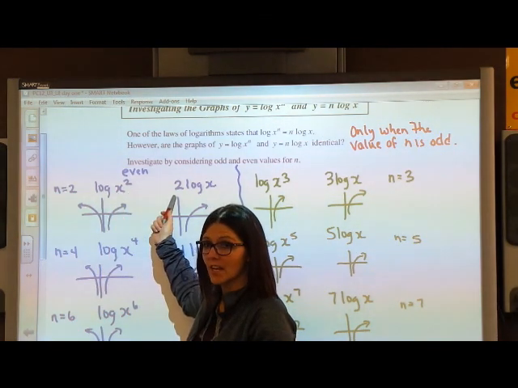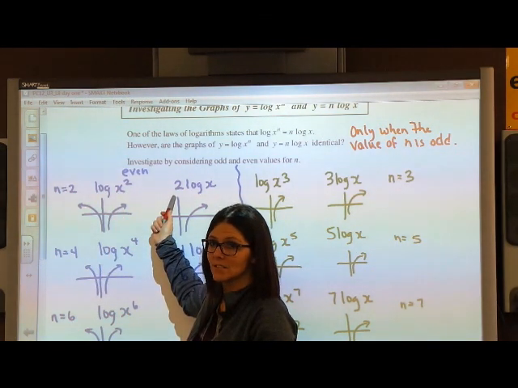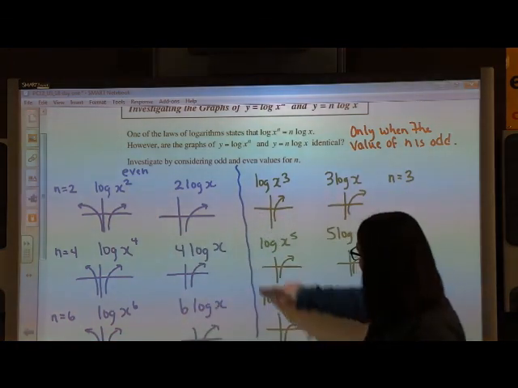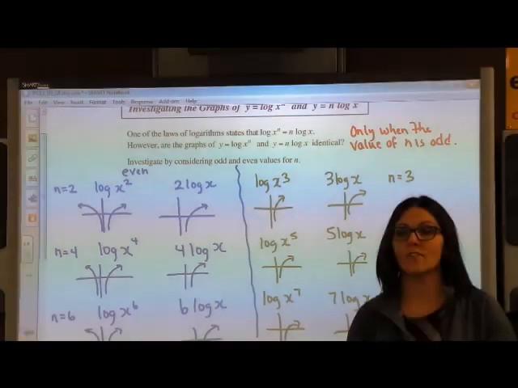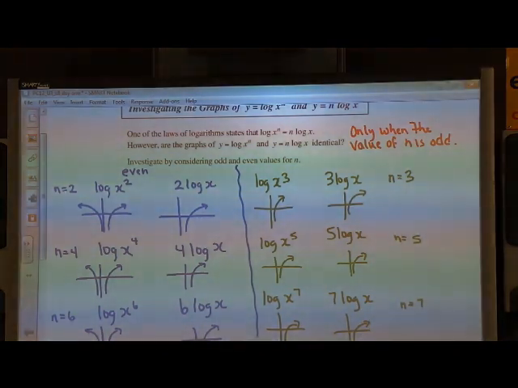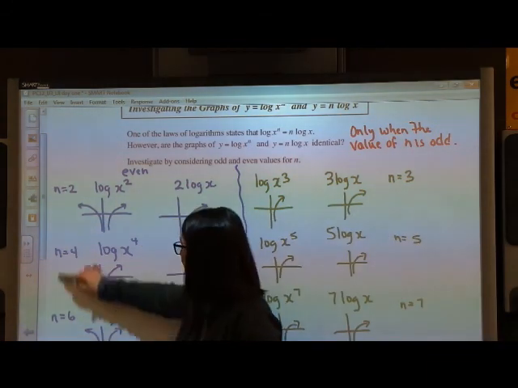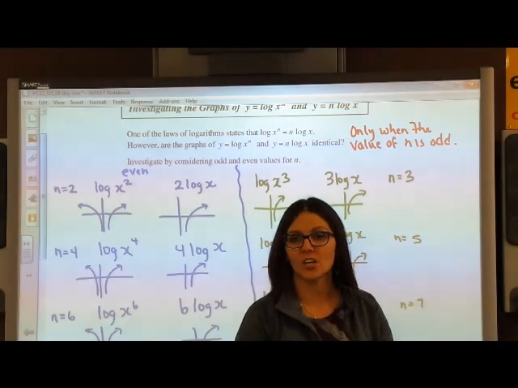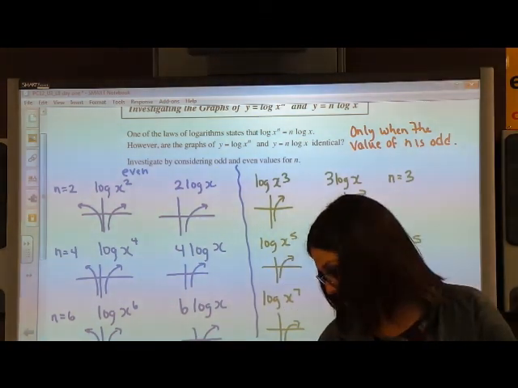Can I take the log of -3? No. That's why on these graphs there are no negative x values, because I can't take the log of a negative number. But with these three, because the exponent happens before the calculation, those negatives become a positive value.